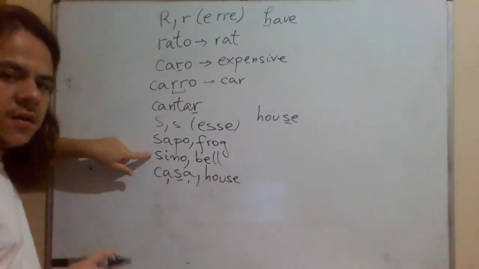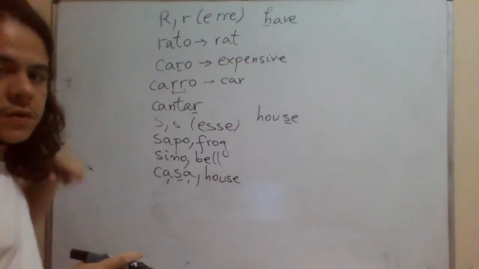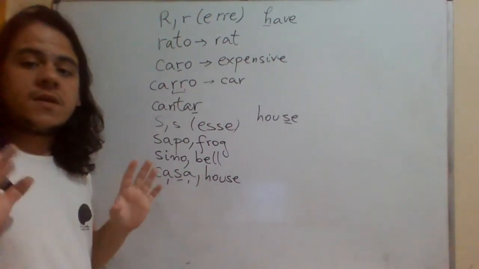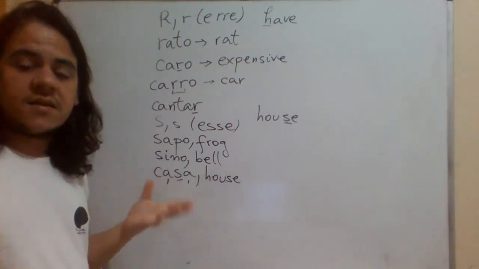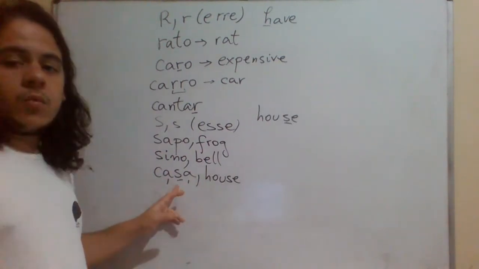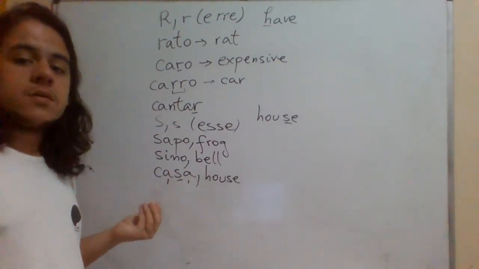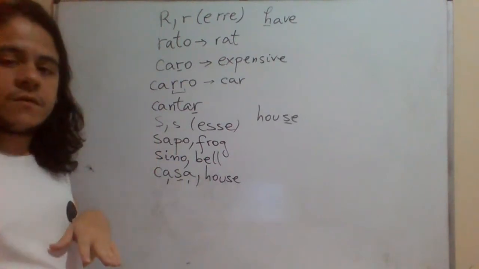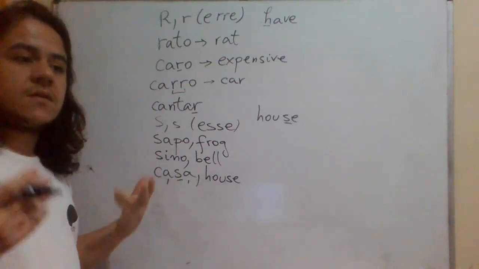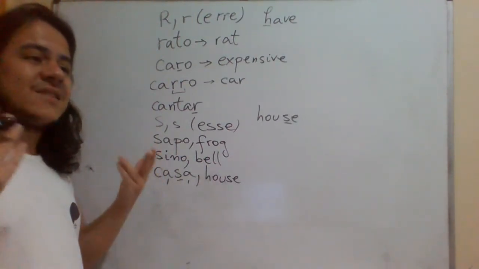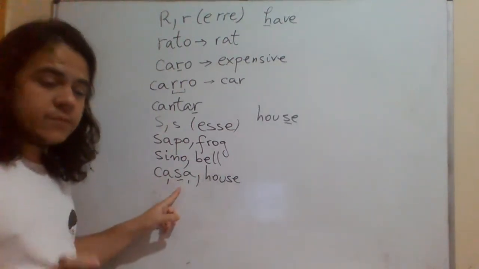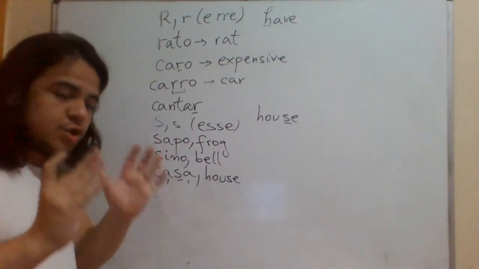When letter S is at the beginning of a word, it will always have the sound of S, always. When letter S is between two vowels, it will have this sound of Z, casa. But it will have to be between two vowels.